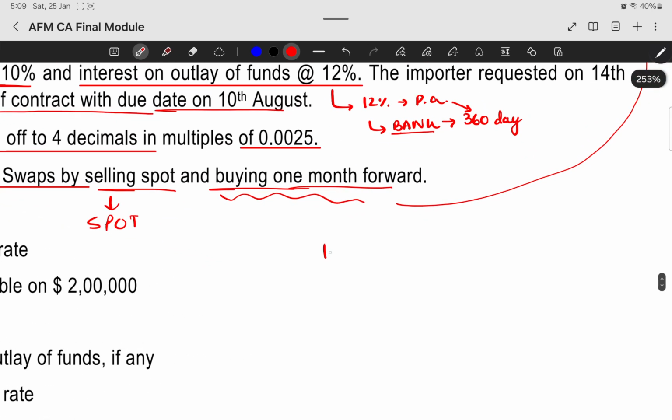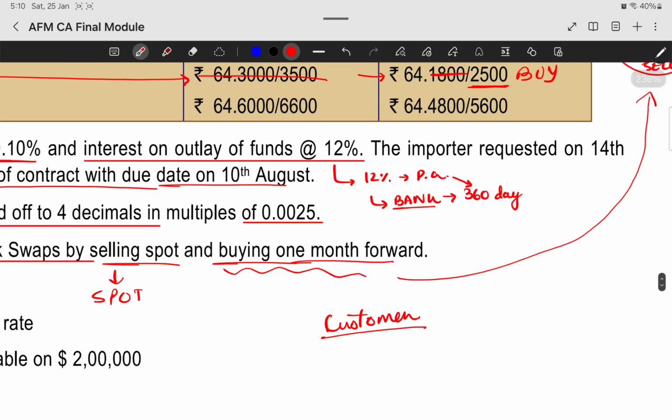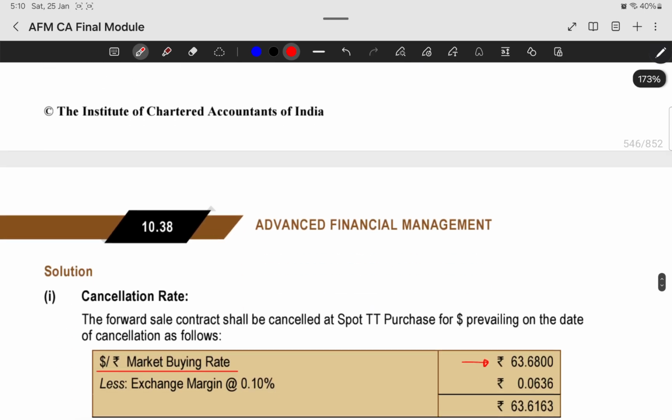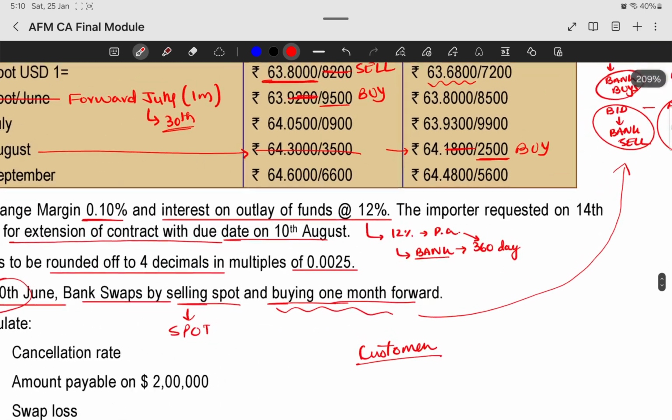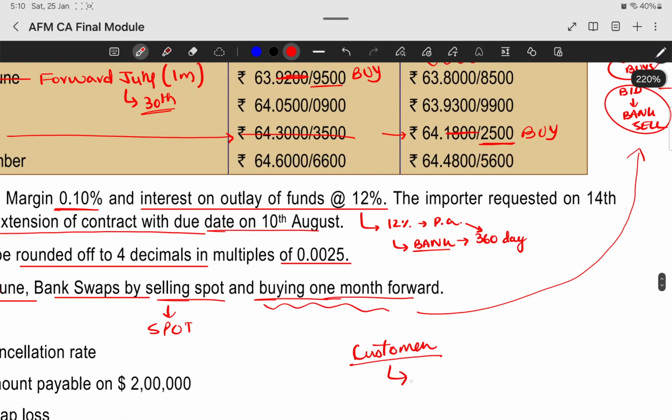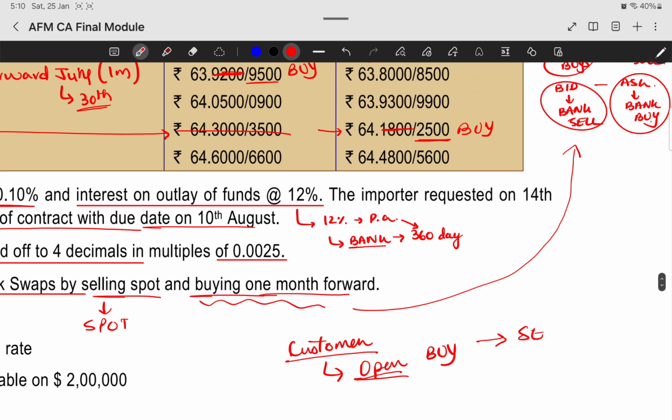Why? The customer had an open position and therefore, if I'm not wrong, would be buying at this rate. Yeah, it's correct. The customer had an open position, open buy. To close it, you need to sell spot.